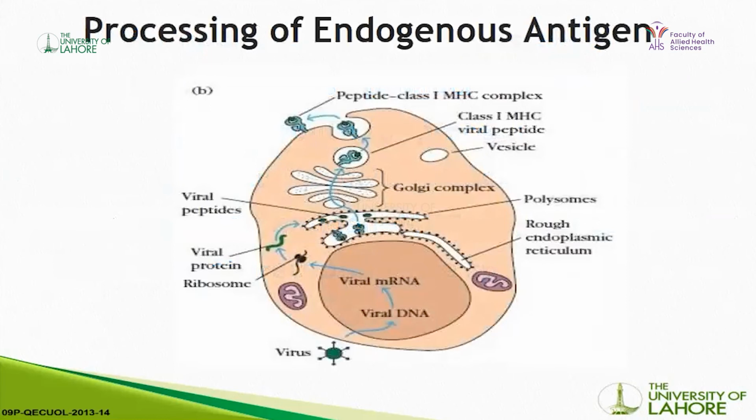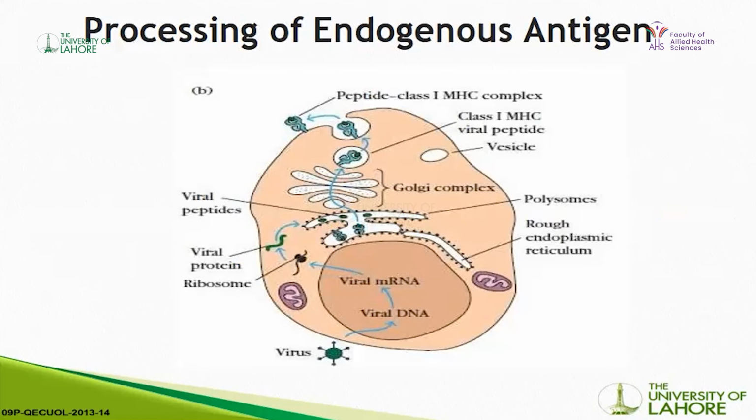In this diagram, we can see how the endogenous antigens are processed and how they are presented on the cell surface. We can see that a virus particle is attacking the cell. As the viral particle attacks the cell, it will inject its genetic material inside the nucleus of the host cell.